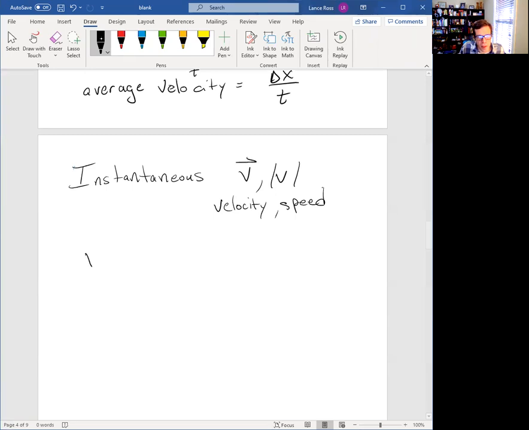So we defined the average velocity as delta x over t. So if we want to talk about the instantaneous velocity, we're going to take the limit of this as t goes to 0. So now just v is the limit as our time interval goes to 0 of the displacement over t.